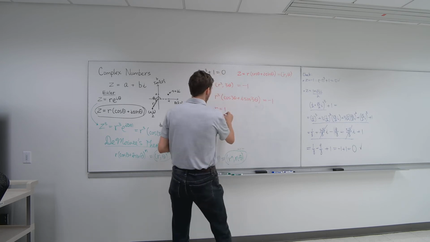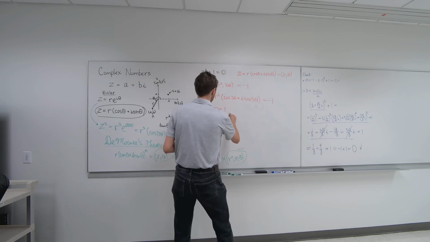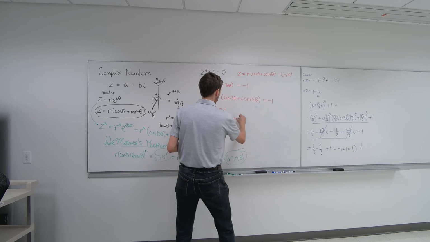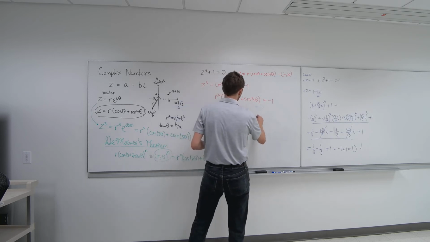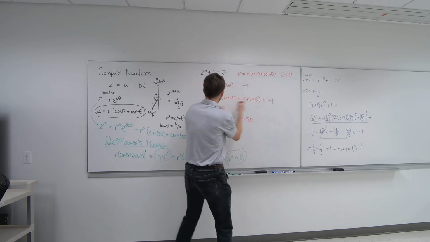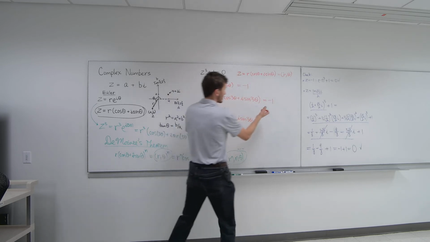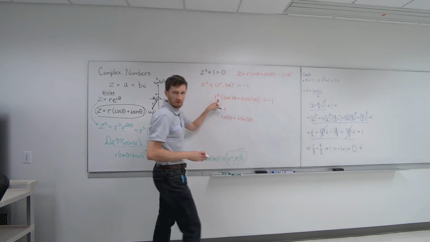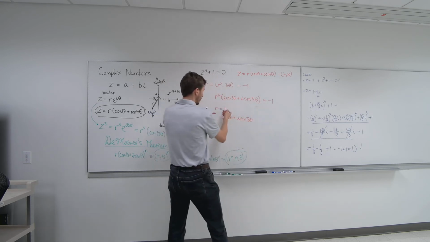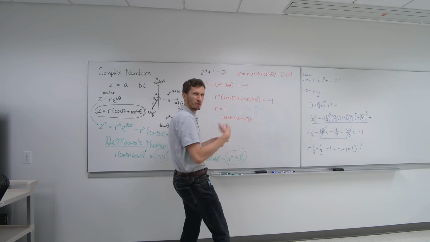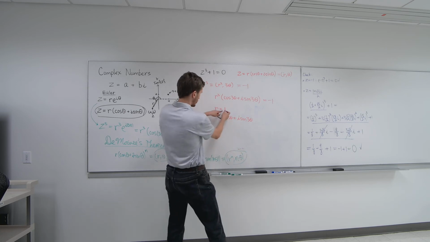Now we're left with cosine 3 theta plus i sine 3 theta, because the 1 goes away. If this was an 8 or negative 8, you would have done a 2. If this was, let's say, a 2, you would have done the cube root of 2 for r. But for negative 1, we're just going to do a 1. You could do negative 1, but then it would be a little different with the angles. So again, you just put the 1 to positive.